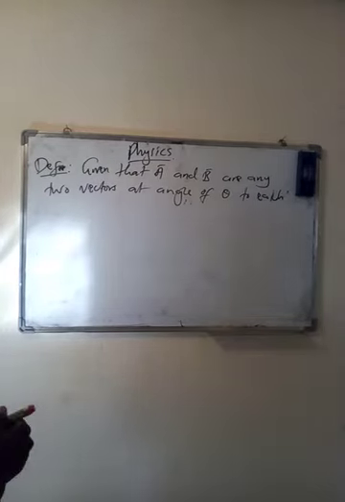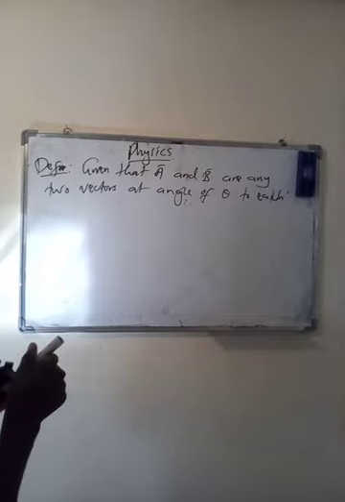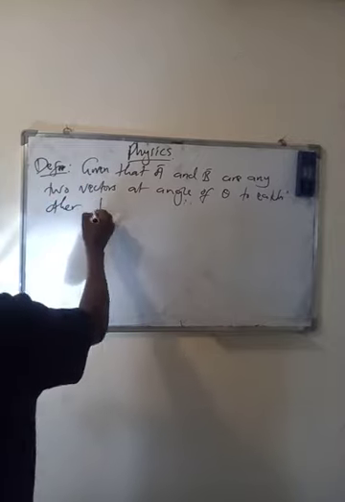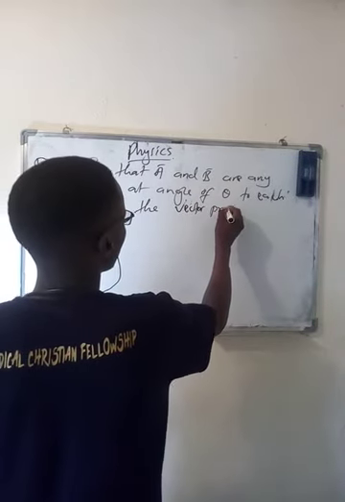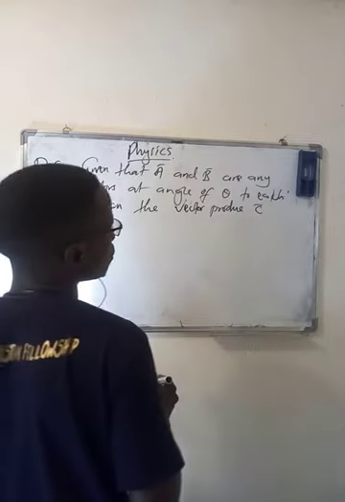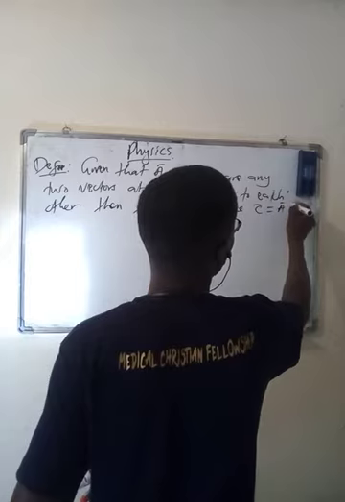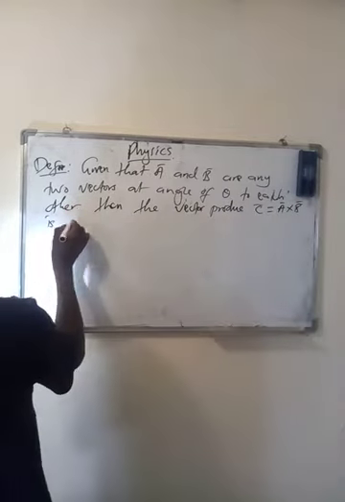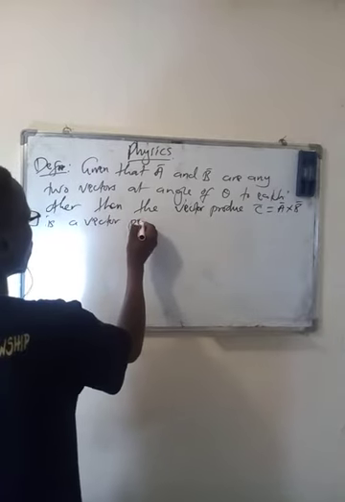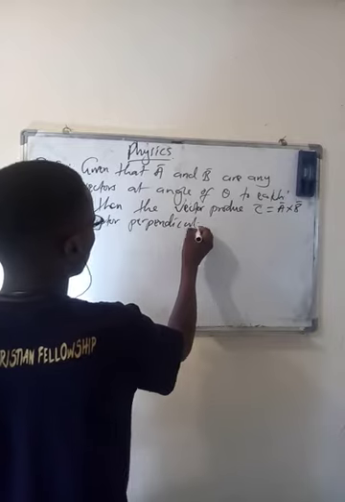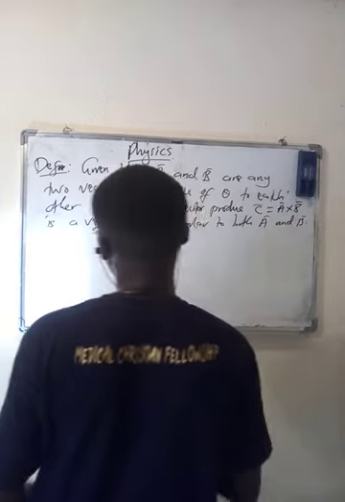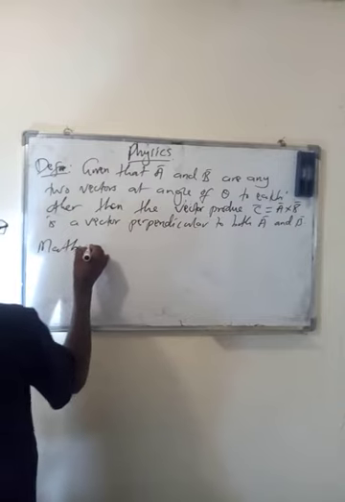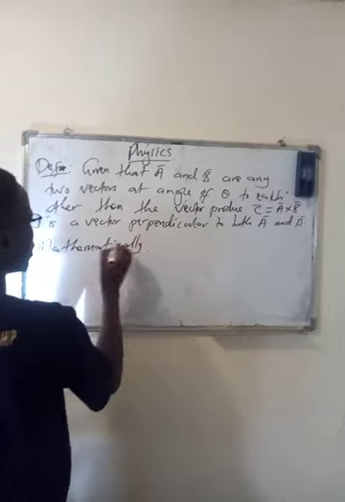Okay, so we're saying that given that A and B are any two vectors at an angle of theta to each other, then the vector product C, which is equal to A multiplied by B, is a vector perpendicular to both A and B. Mathematically, how do we state this?